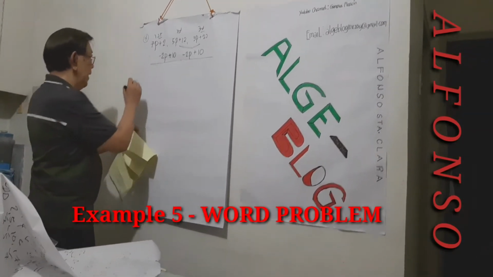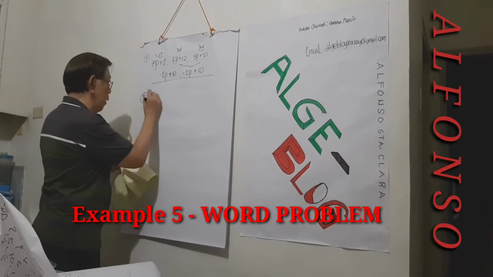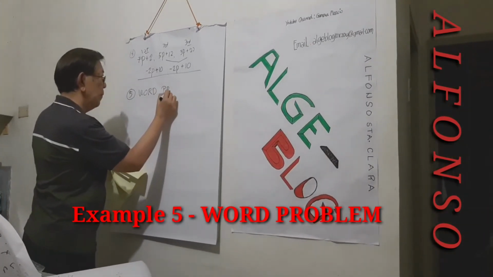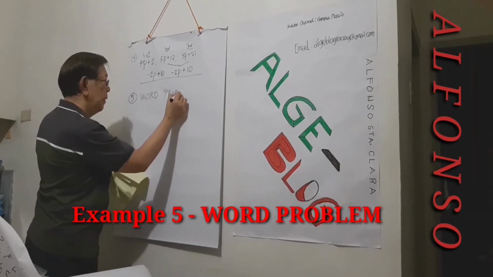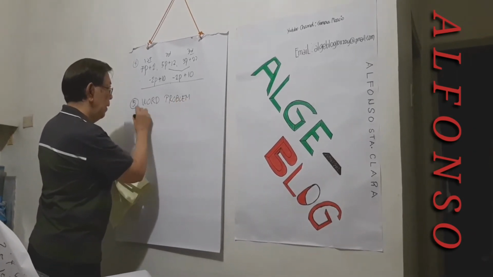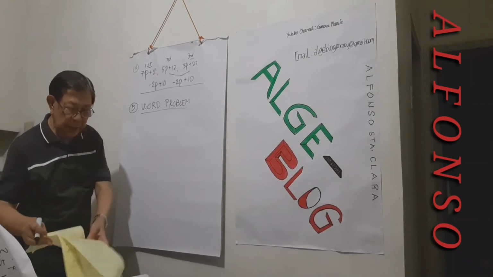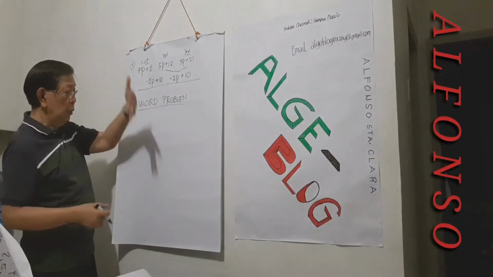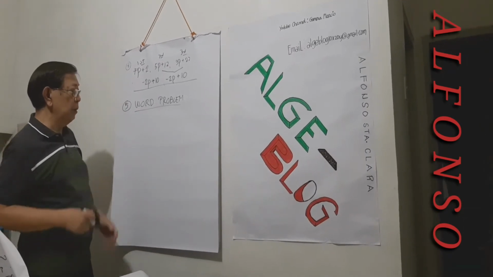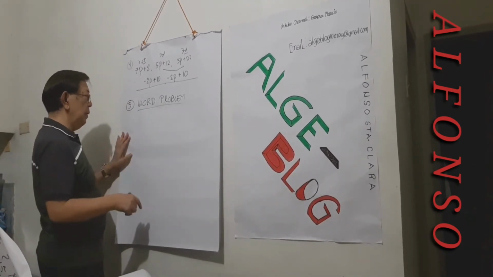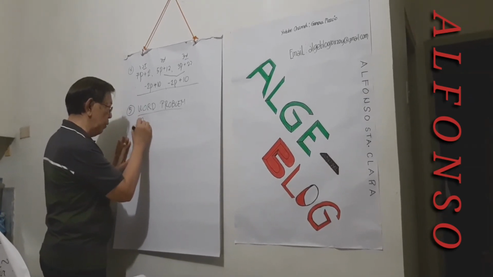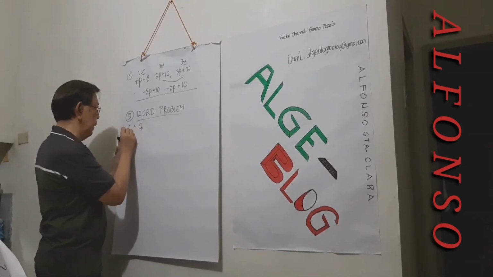Now we go to the last example, which is a word problem. Let's say the teacher says there is somebody who jumps from a plane with a parachute. His first jump, which we call A1, is jump number 1.